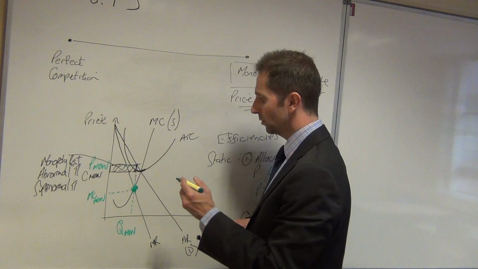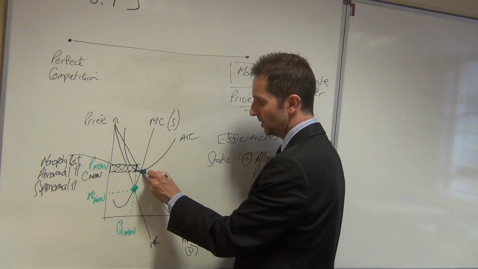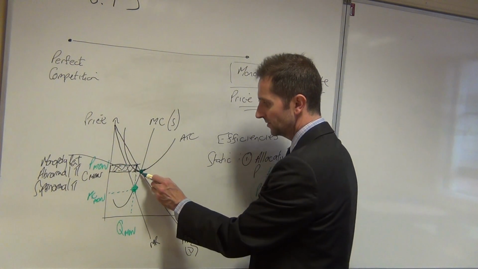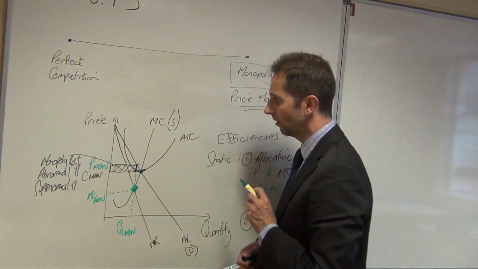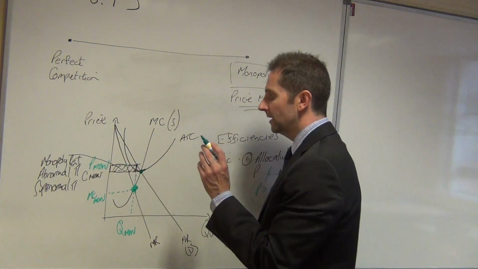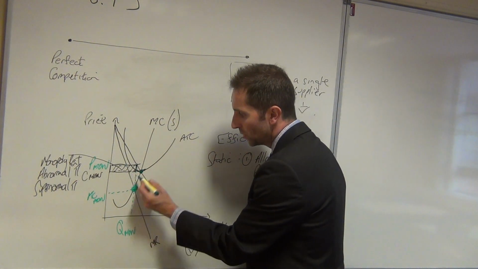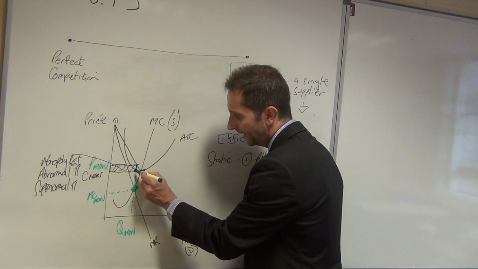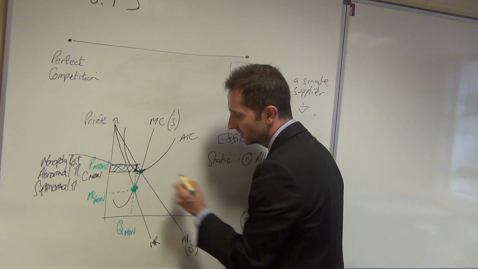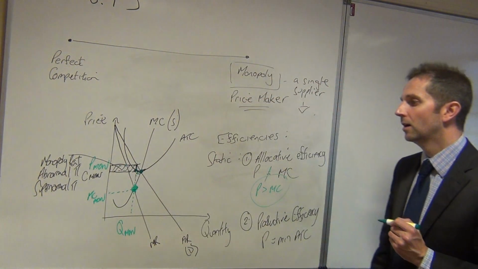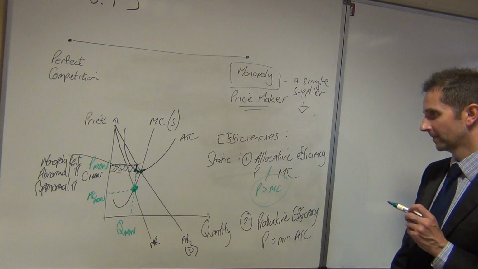Well, ladies and gentlemen, of course it doesn't. There's the minimum. We drew it deliberately through this intersection of MC and AR. Where is the monopolist's cost at a level of Q mon? The monopolist's costs are there. So it's to the left on our diagram of the minimum point.